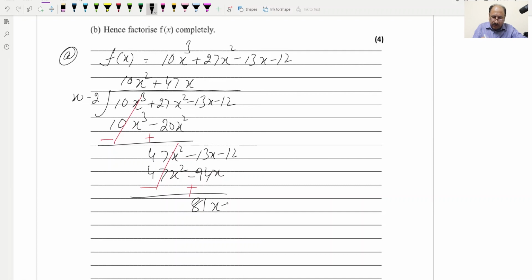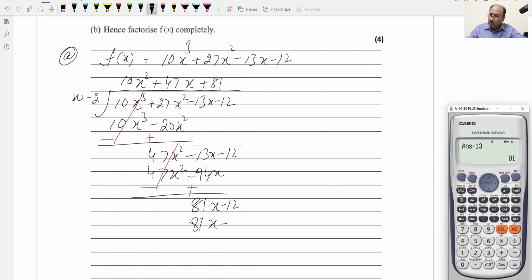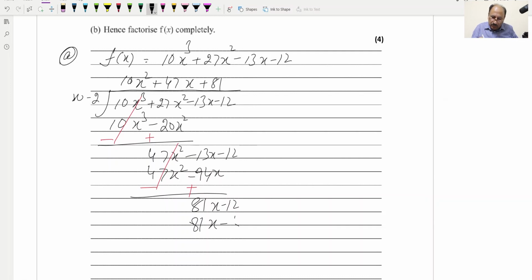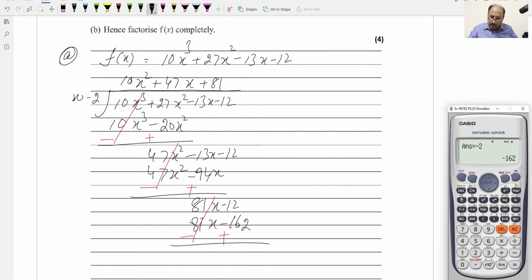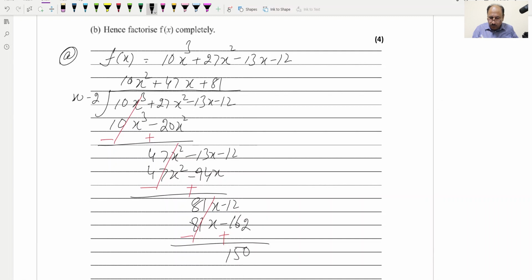So 81x minus 12, we can multiply by plus 81, so 81x, and minus this will be 81 multiplied by minus 2, which will be minus 162, and now we will change sign, minus and plus, this will be cancelled, and minus 12 plus 162 will be equal to 150, so the remainder will be 150.